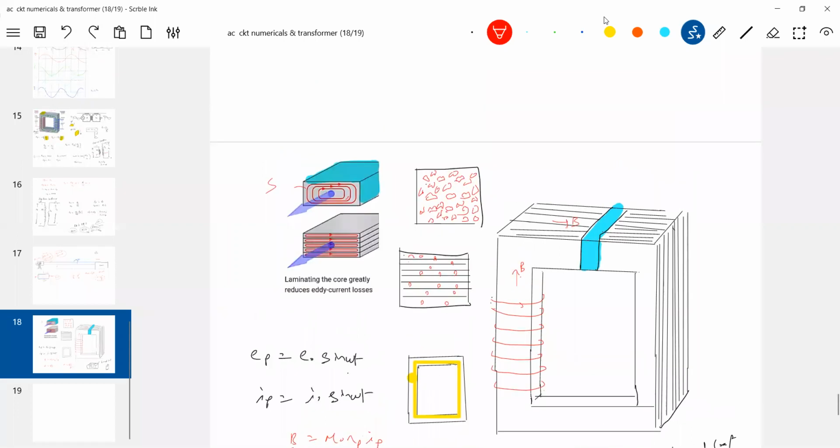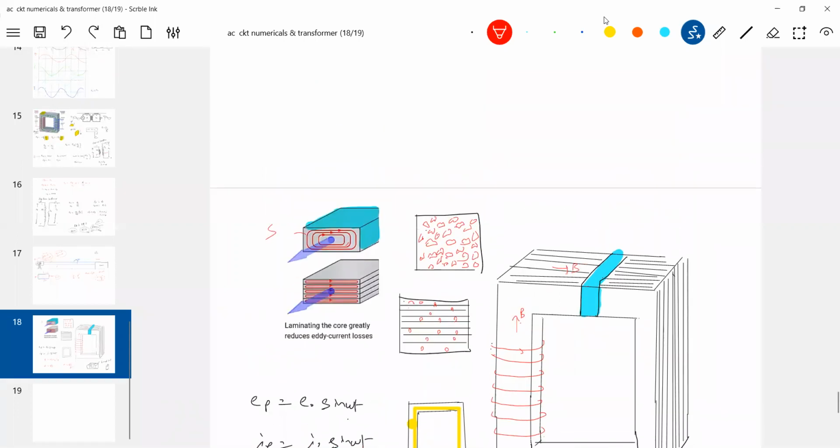So what are the losses? Losses are due to what? First one, flux leakage. Next, resistance of winding wires.